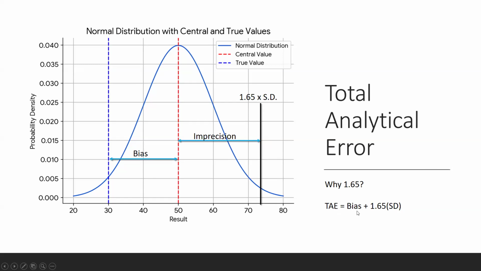Total analytical error equals bias, so a calculated term for bias, plus 1.65 times the standard deviation to give you an imprecision value. Now, why have we switched to 1.65 rather than 1.96? That's because the bias is on one side of the mean here. So the 95% confidence interval is just on one side of the normal distribution. So rather than 2.5% on each end, taking all the 5% from here, and that's where the 1.65 comes from.